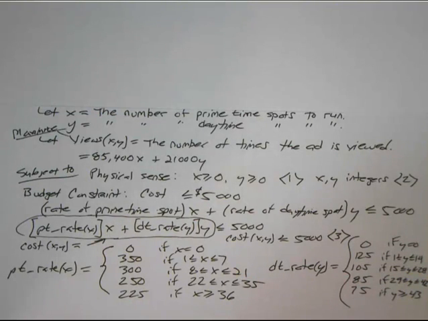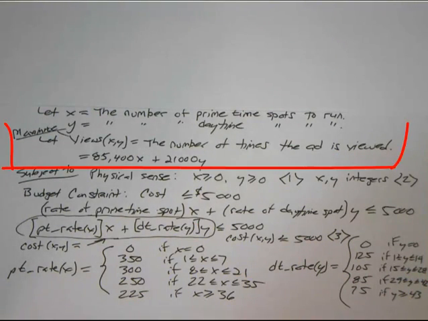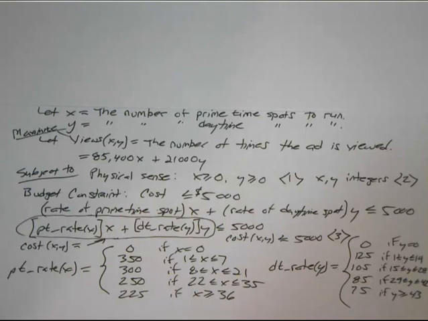Okay, there we are. Now let's look at this math problem we have before us. We are maximizing the number of views. That is a linear function. As far as the subject to goes, X and Y have to be integers, and the budget constraint is a bit complicated looking.